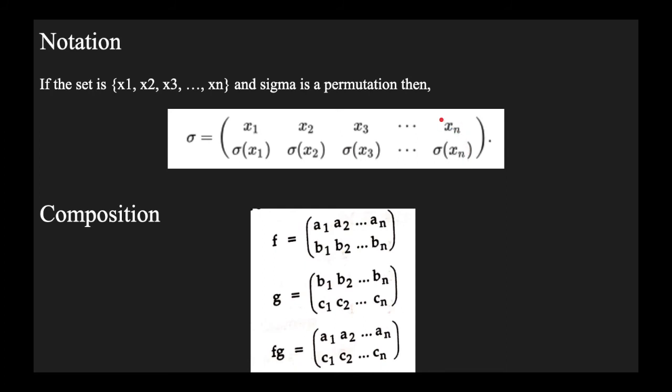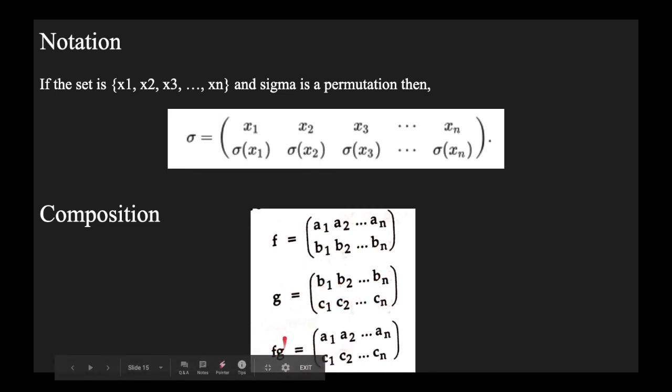Now if we want to define composition, it is easy. Suppose we have two functions f and g. Here a1's image, that means f of a1, equals b1, f of a2 equals b2 and so on. So directly it is written as a1 goes to b1, a2 goes to b2 and so on, an goes to bn, and in g, b1 goes to c1, b2 goes to c2 and so on.